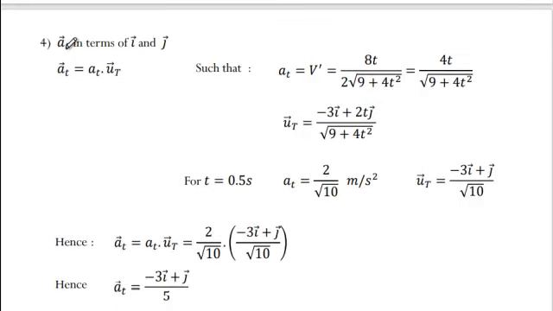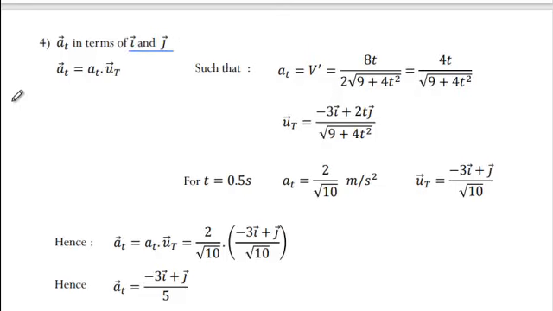Now in part 4 the question is find the AT vector in terms of I and J. In order to do so, we know the rule: AT vector equals AT value times UT. So first we need to find the AT value. And we know that the AT value equals V prime, the derivative of the value of the velocity.